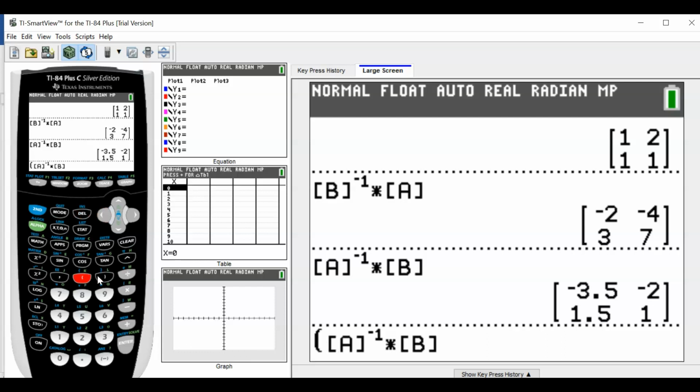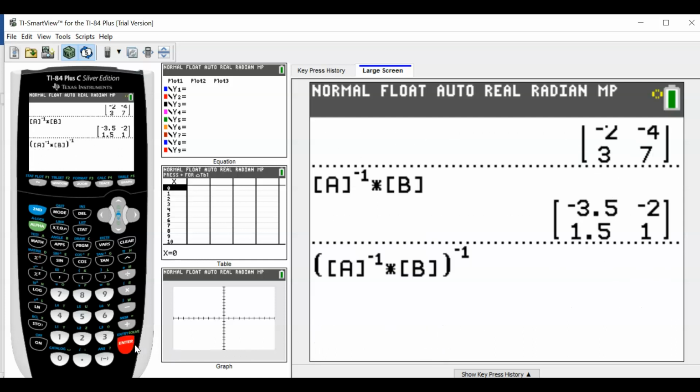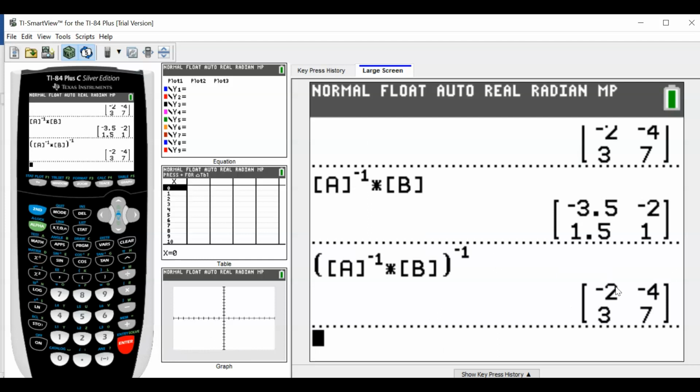So let me take this matrix and see if just taking the inverse of that matrix will do it. So I take this matrix here that I just found, inverse of that, see if in fact I do get -2, -4, 3, 7.